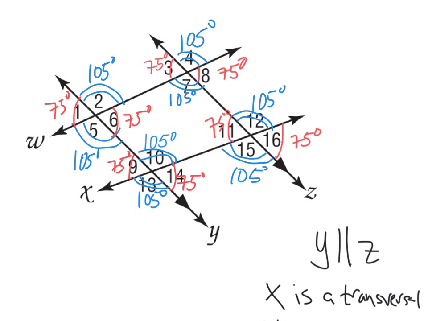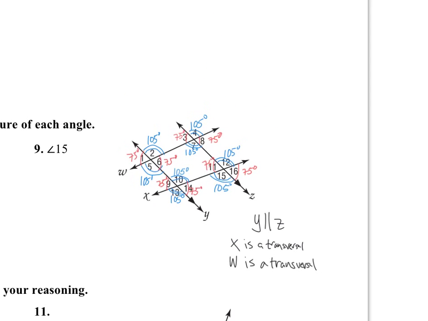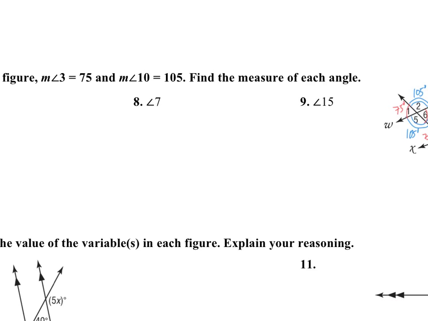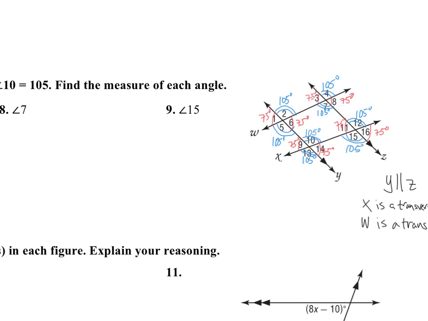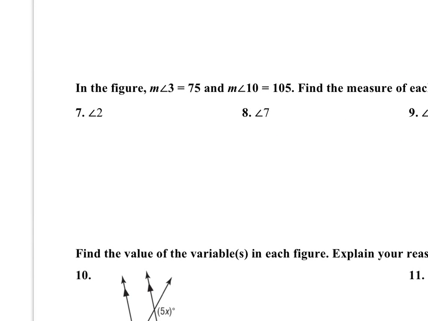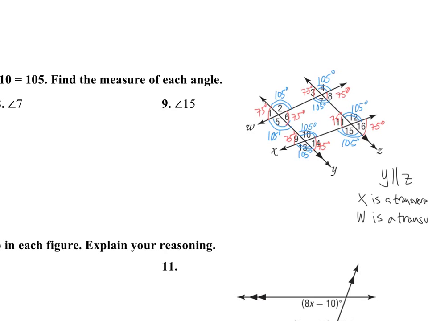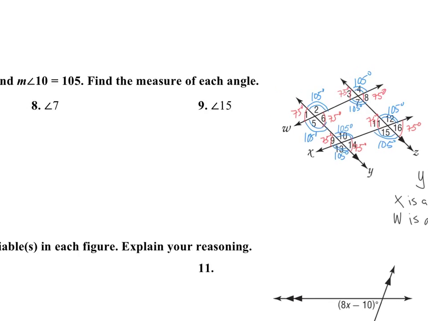So now, let's go ahead and answer the questions. And we were looking at angle 2. Angle 2 is 105 degrees, so I'm going to write that in. Angle 7 is, where's that at? It's 105 degrees as well.